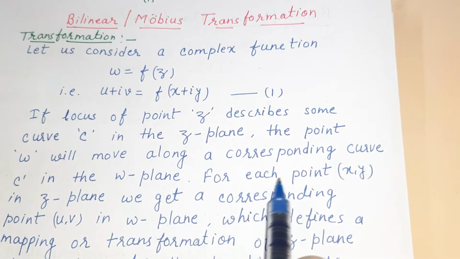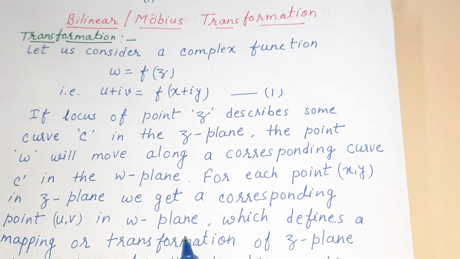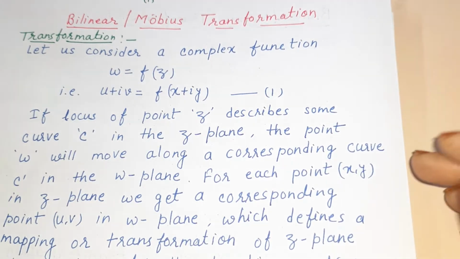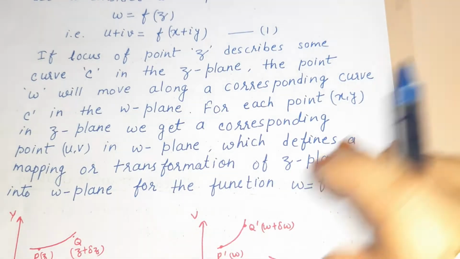For each point (x, y) in the z plane, we get a corresponding point (u, v) in the w plane, which defines a mapping or transformation of the z plane into the w plane for the function w = f(z), which is known as transformation.